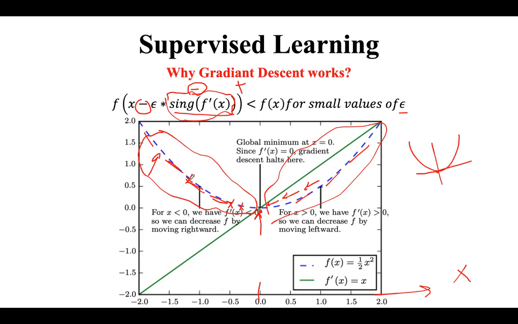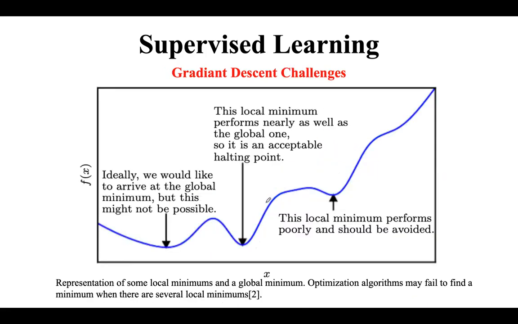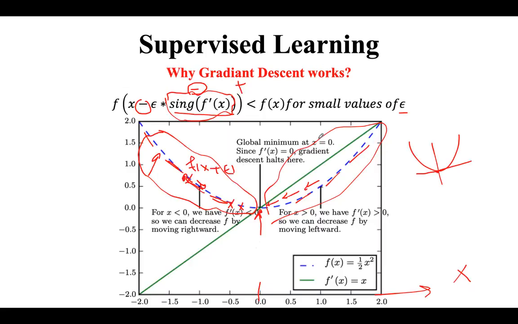If you add a small amount to x, let's say x plus epsilon, the value of f decreases toward 0. Epsilon is always positive, a small positive value. This epsilon is called the learning rate. We will discuss it in a few later slides.